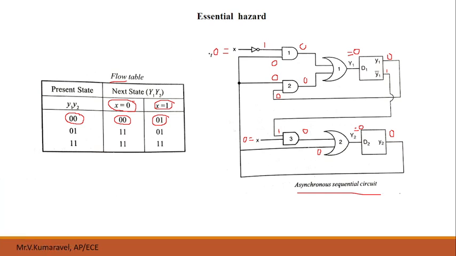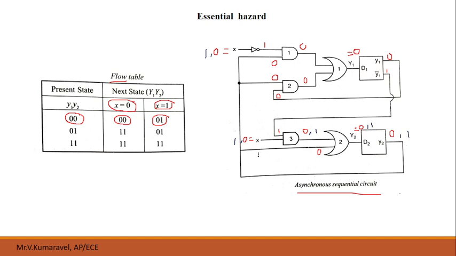X changed to 1. So here also x changed to 1. Now let us see what happens when x changes to 1. Here 1. Previously we had 1 here, so this will become 1. When this becomes 1, what happens to your second OR gate? This will become 1, so y2 becomes 1. When y2 becomes 1, your second D flip-flop output will become 1. This will be fed back to your input.